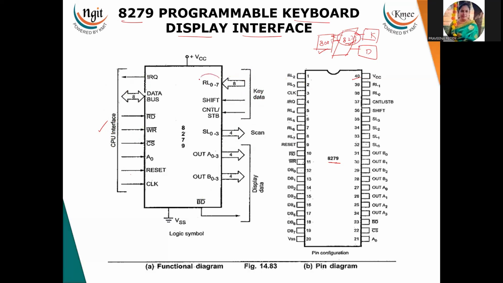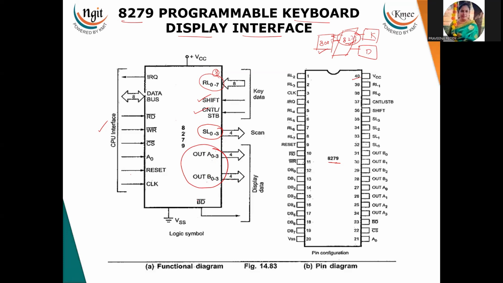Here you can see the return lines. Total 8 return lines are there, along with the shift and the control key, the control/strobe key. And 4 scan lines are there. And total 8 output lines, port A and port B. Port A has 4 lines and port B has 4 lines.